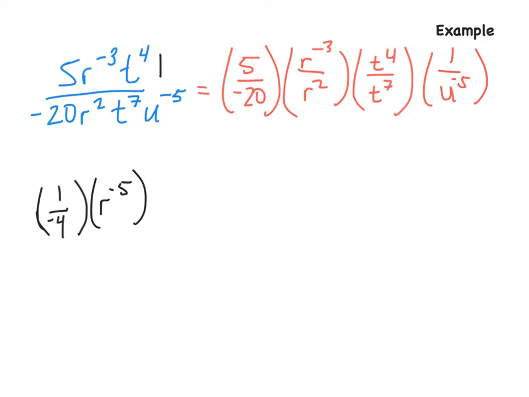Now we would have t to the fourth minus 7. That would basically be t to the negative third. And then remember we have 1 over u to the negative fifth. Now all we have to do is find the reciprocal, which would be u to the fifth over 1.